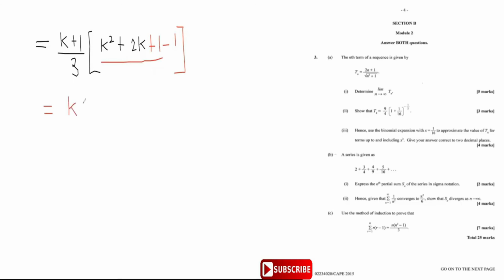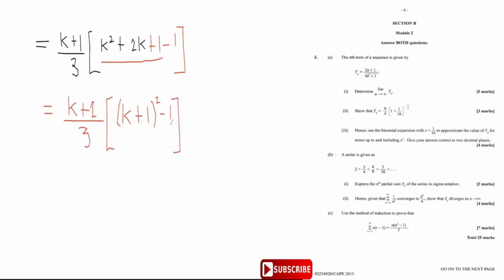So finally, my answer is going to be k plus 1 over 3 times this: k squared plus 2k plus 1 becomes k plus 1 all squared, minus 1.